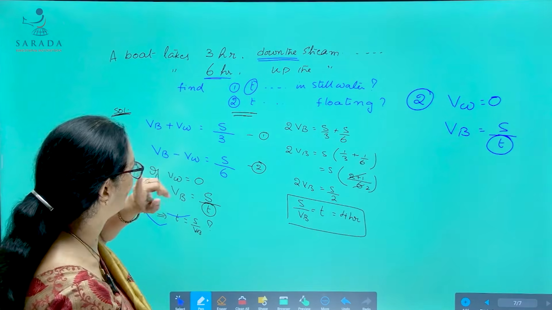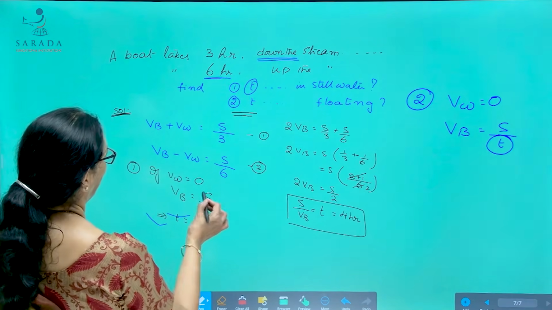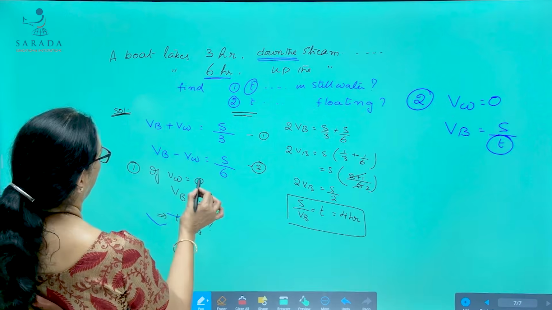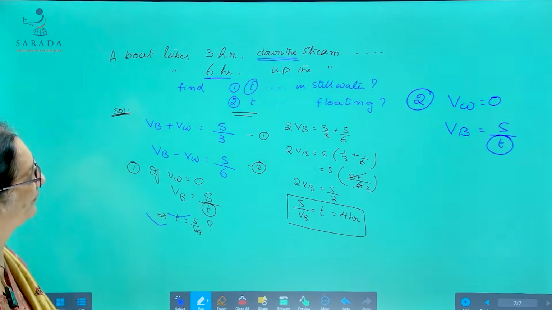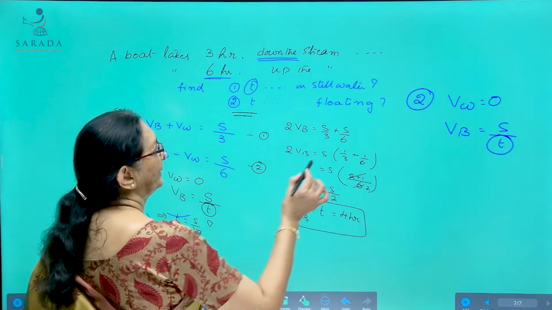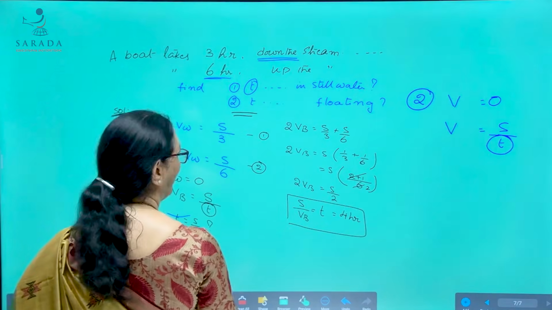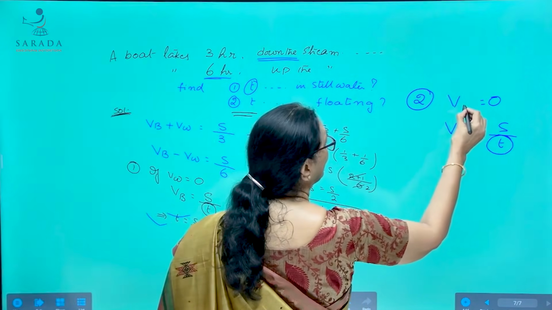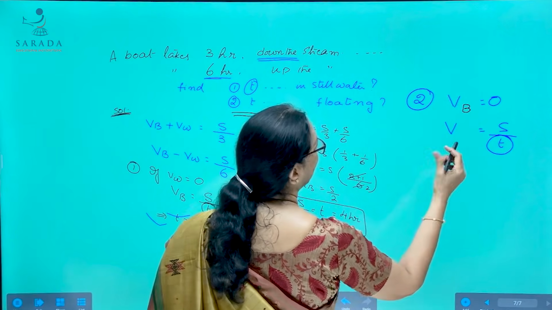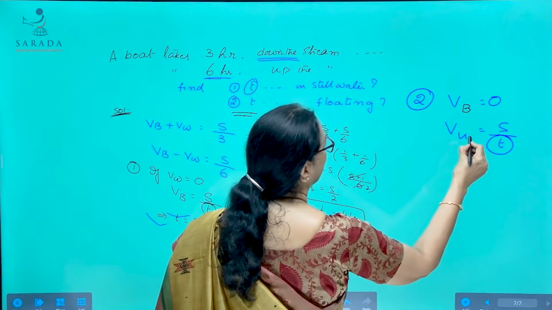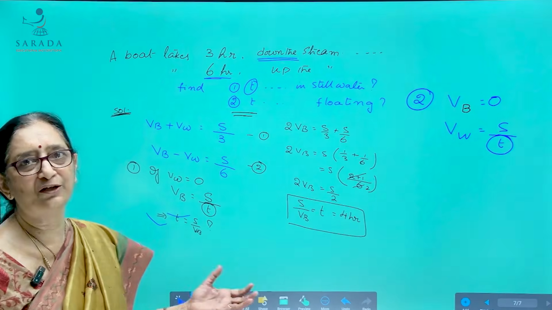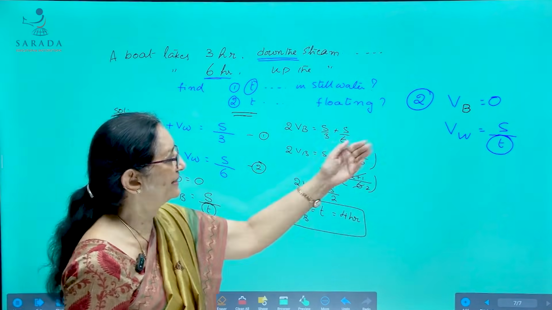In still water, water velocity is 0. But when the boat is floating, the boat velocity is 0. Then the resultant velocity of the boat is just equal to the water velocity, that is VW.